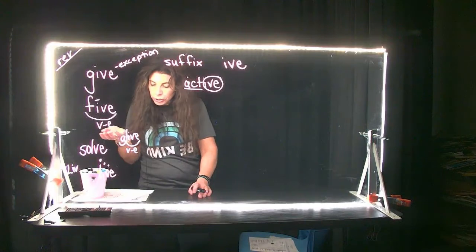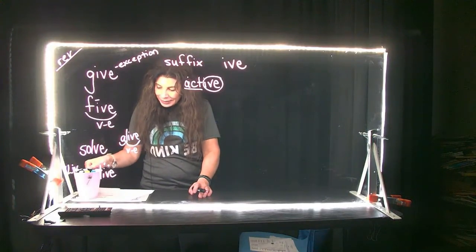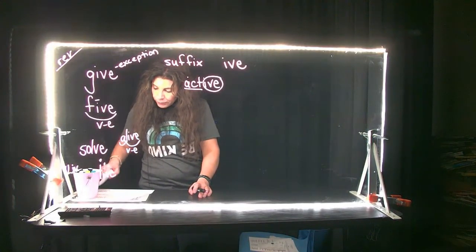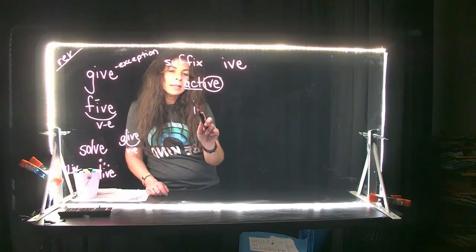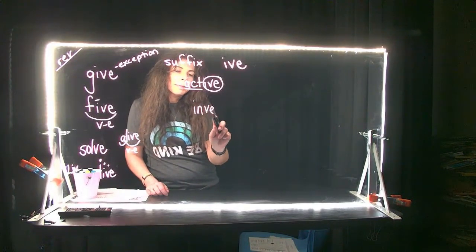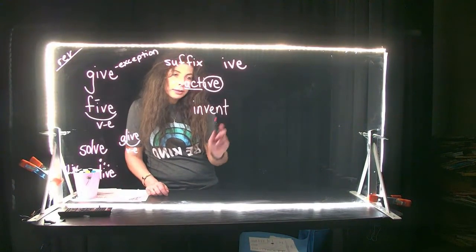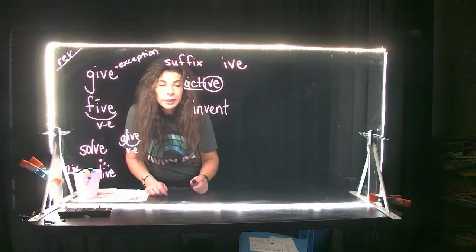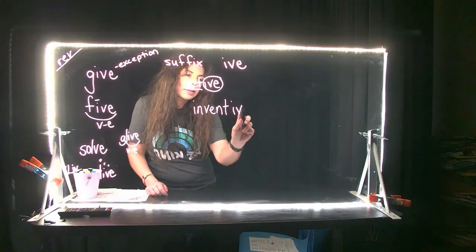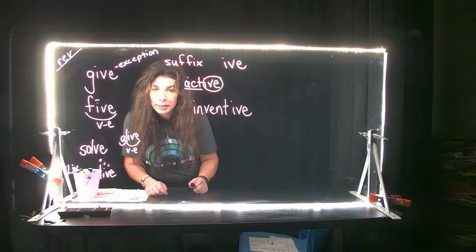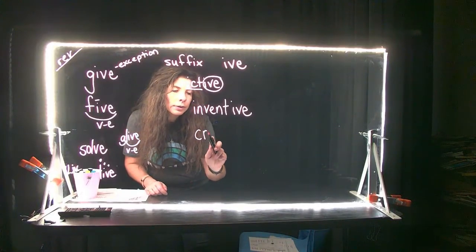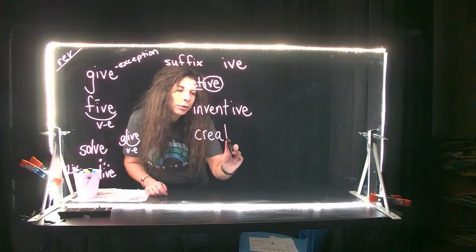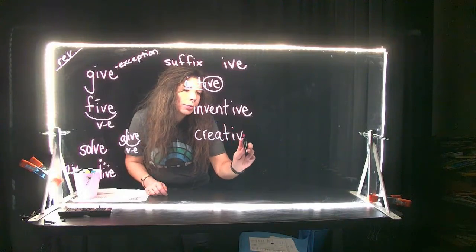You're in motion. You are active. If you are inventive, invent, you like to invent things. If you are inventive, you like to invent things. Creative. If you are creative, you like to create things.